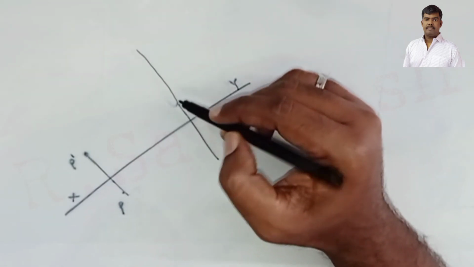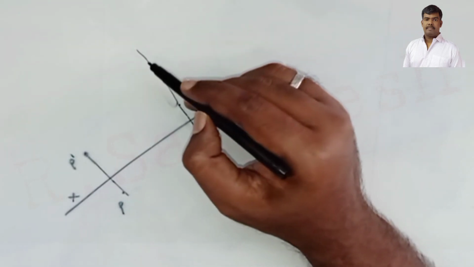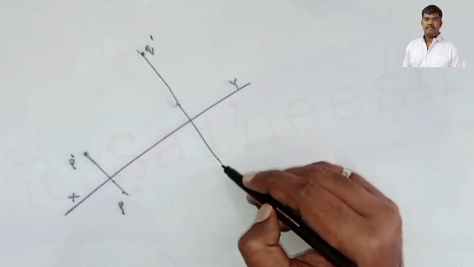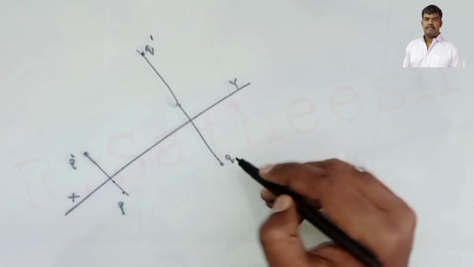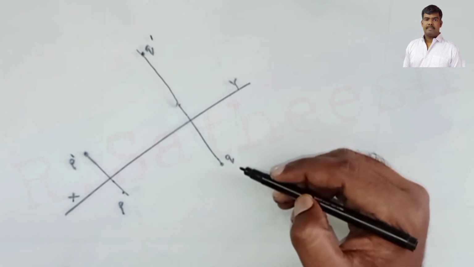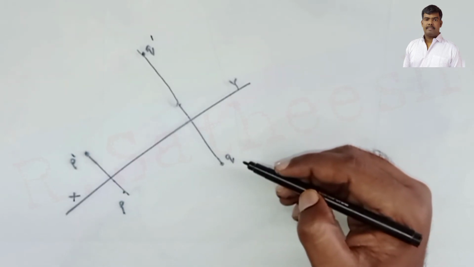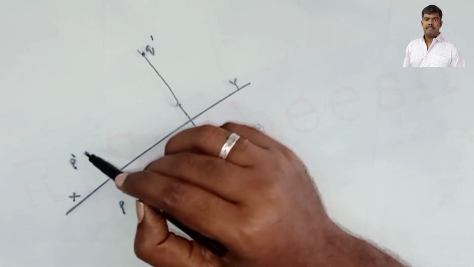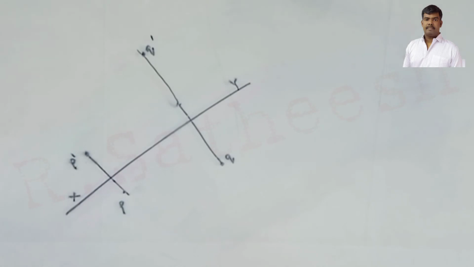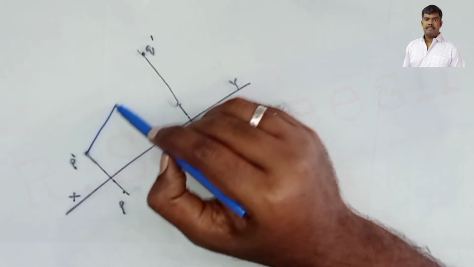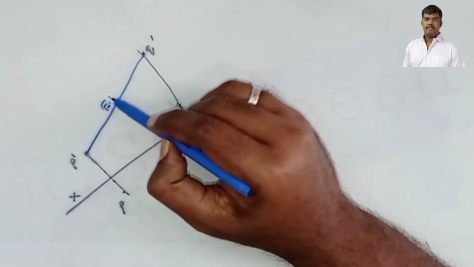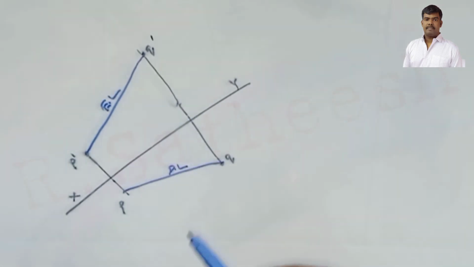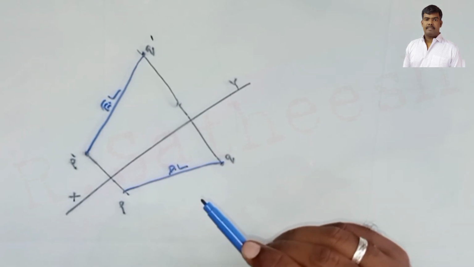Here Q dash is 45 mm above HP, and Q is 35 mm in front of VP. Clear? Right. So now this one is the elevation length, this one is the plan length. Up to this it is the same.